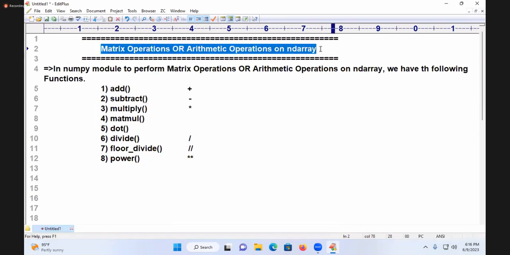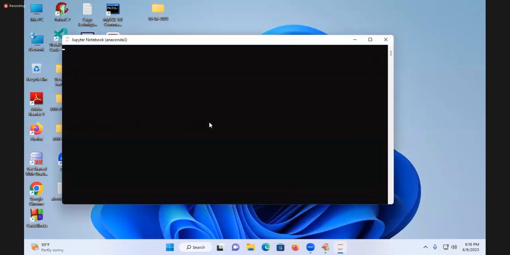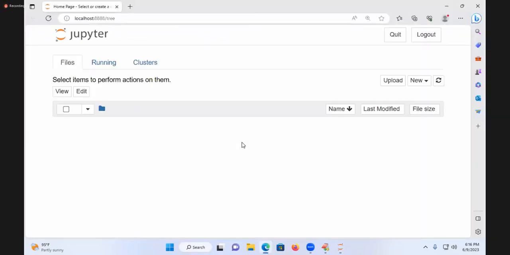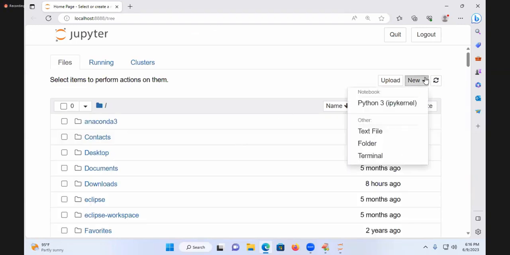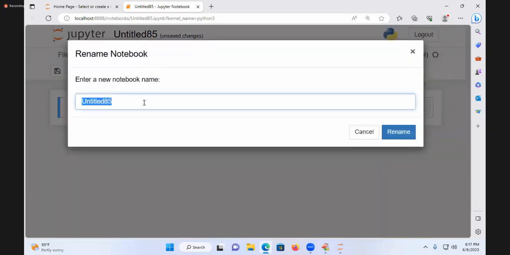So let me start these operations, and after that I'll go for the other topic. Go to the Jupyter notebook, Python 3. Now I am going to start discussing these things.